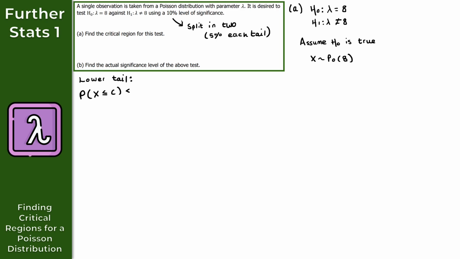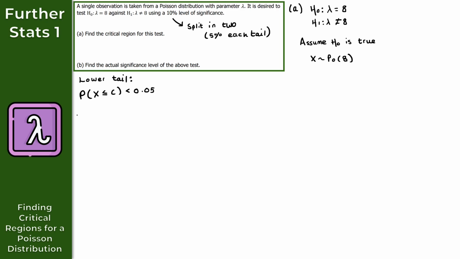This isn't 10%. Remember, we split this into 2, so this would be 5% because it's 5% in each tail. So for the lower tail, this must be less than 0.05. To find this, all we need to do is either use the tables in the back of our formula book or just use your calculator.